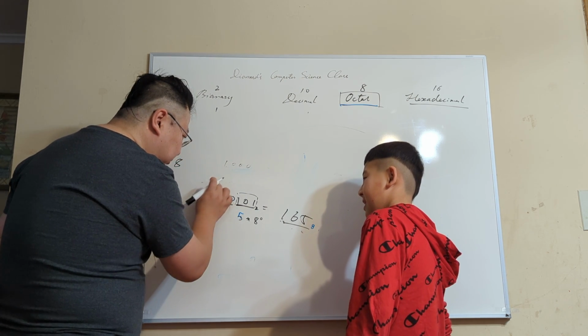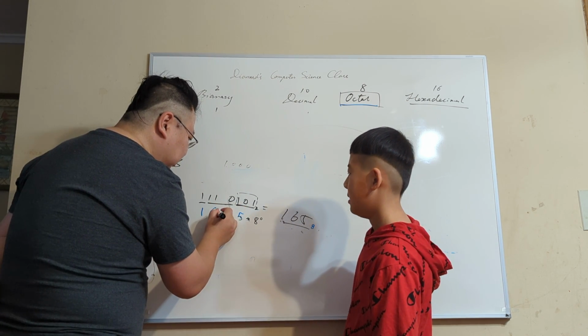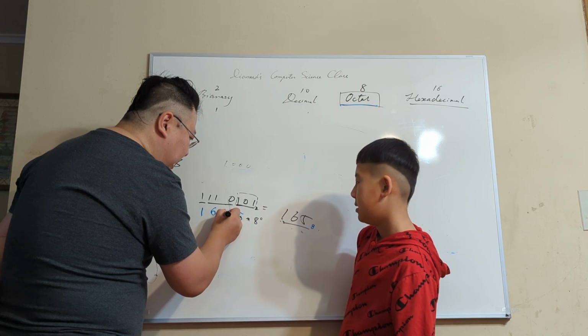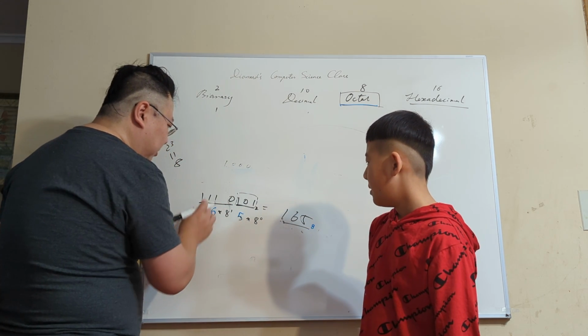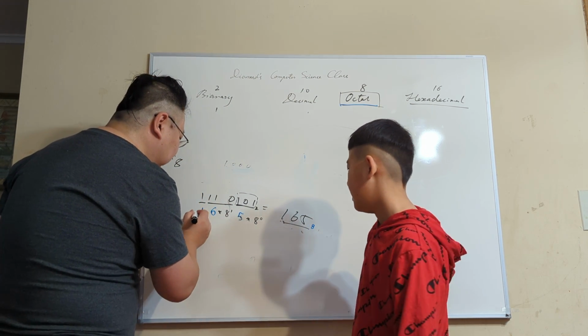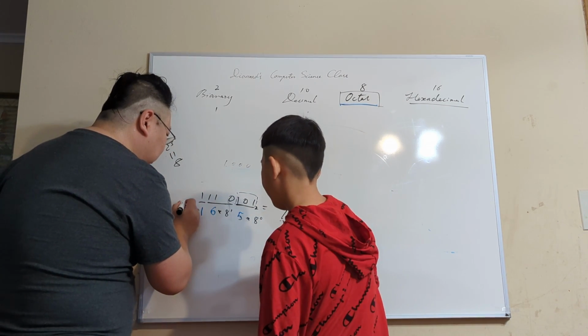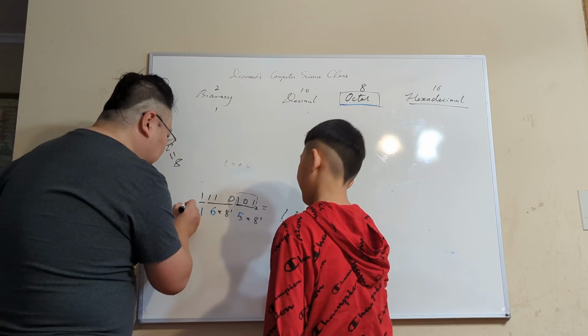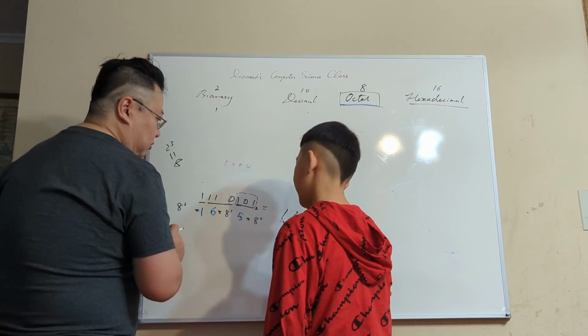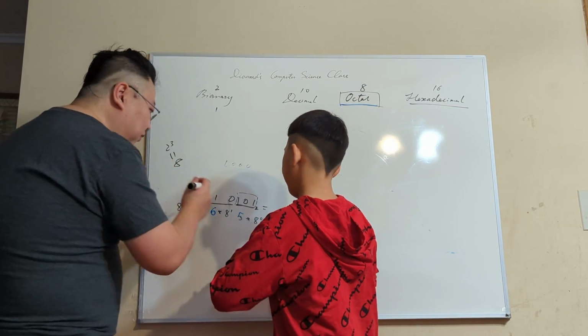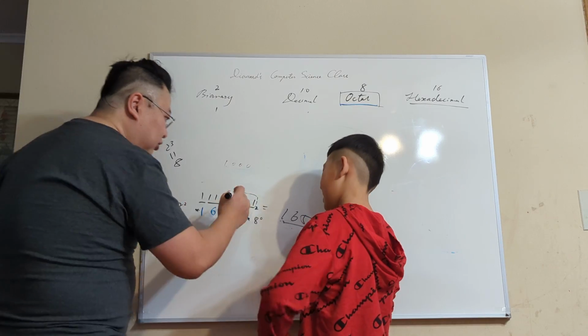These 3 are based upon 8 to the power of 1. And this one means 1 times 8 to the power of 2.